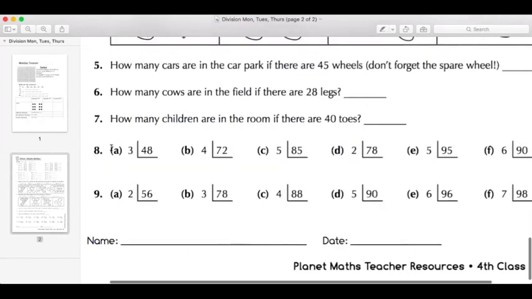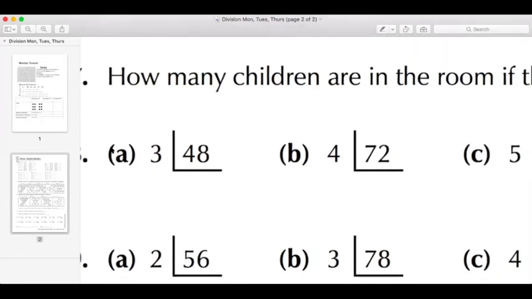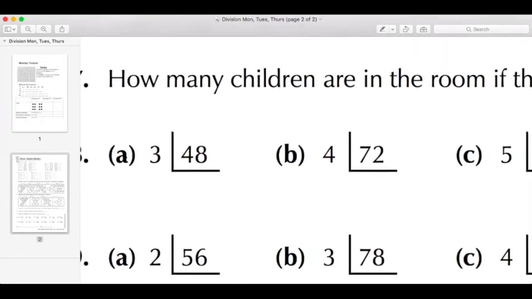Okay, so now we're going to get a little bit harder with our layout in our division questions. So we're trying to find out how many times 3 goes into 48. So the way to do this is you break it down. So you're going to see how many times 3 actually goes into 4. So another way to think of this is, say if I have 4 sweets and there are 3 children who want to share them.